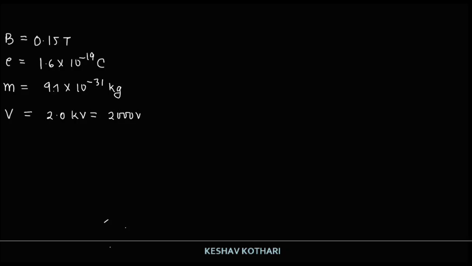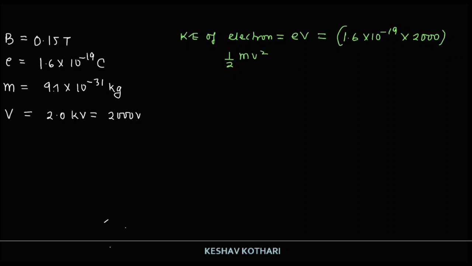So the first thing that we calculate over here is the kinetic energy of the electron. The kinetic energy of the electron is equal to eV, since the electron is accelerated through a potential difference of 2000 volt. So we can write it as 1.6 into 10 to the power minus 19 into voltage, which is equal to 2000. This is the energy which it has acquired, and we can equate it with half mv square to attain the value of velocity.